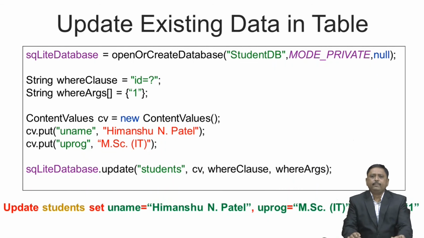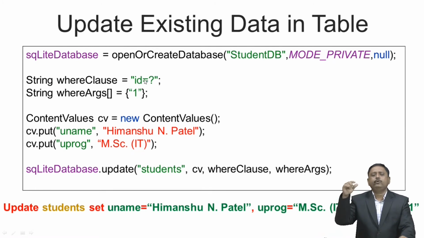Suppose I want to update the username and its program. Again I have to open or create the database. Now here I have to specify the ID for which I want to make an update. So in the where clause we write ID is equal to question mark. Which ID I want to update is specified as an array of strings.